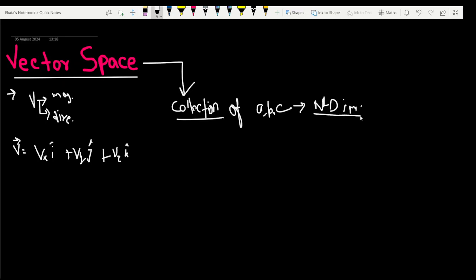N means any number: 1 dimension, 2 dimensions, 3 dimensions, 4 dimensions. Like this V vector is a three-dimensional vector, so it has three components, Vx, Vy, Vz, represented by the unit vectors.